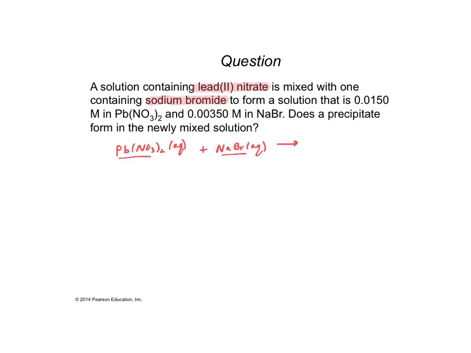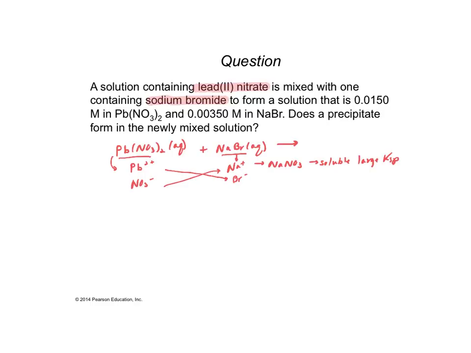So going back to these double displacement reactions, what precipitate would that be? Well, we could look at our possible products. So if I break my lead nitrate up into its component ions, and I do the same thing for my sodium bromide, I will find the production of sodium nitrate, which is very soluble, very large KSP.